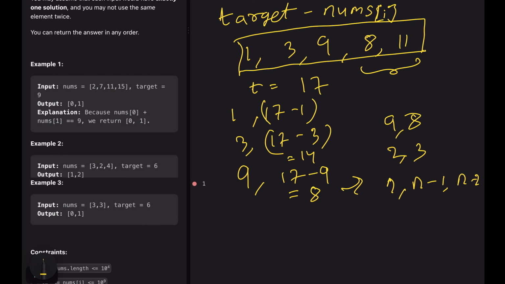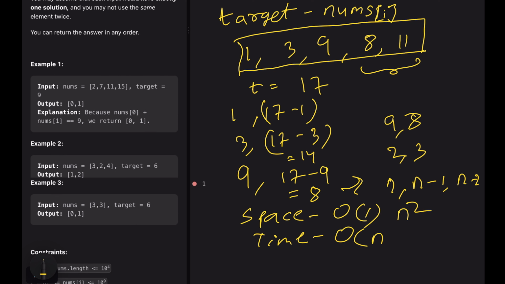We are not using any extra space, so the space complexity will be O(1) and the time complexity will be O(n square). Let's move on to an optimized approach.